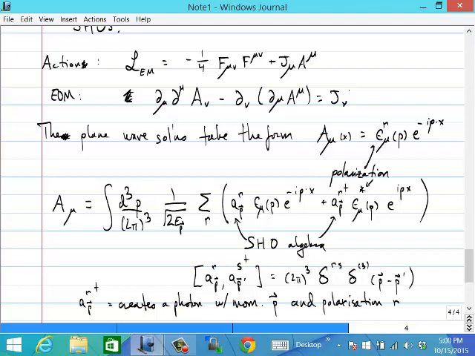Now, there is an important subtlety that is different with electromagnetism than it is with the theories that we've encountered so far in this course, which is why I'm taking the time to go through this separately. But before I discuss this subtlety, let me just pause and see if there are any questions. Any questions? Yes?